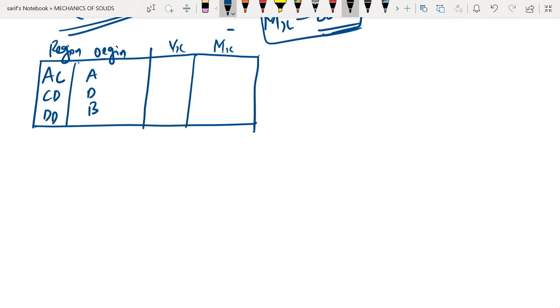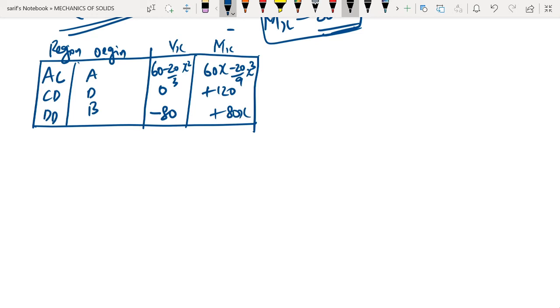For the region AC, the shear force was 60 minus 20 by 3 into x square, and it was 60x minus 20 by 9 into x cube here. For CD, the shear force was 0 and the bending moment was positive 120, and for the region DB, the shear force was minus 80 and the bending moment was plus 80x. So these are the values.